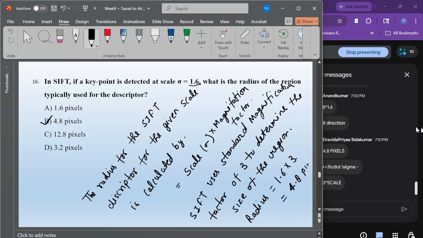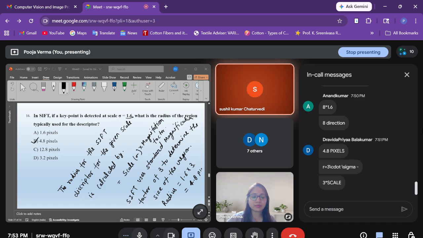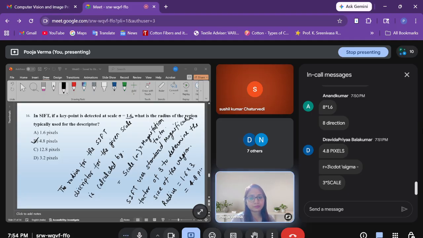So is it fine to all of you? Yes, the standard magnification factor is fixed, it is 3. It is given also.